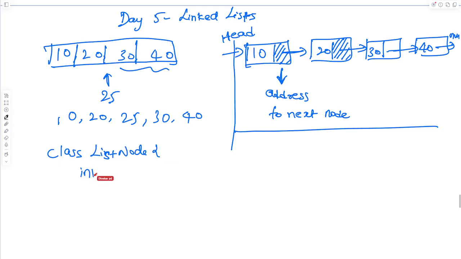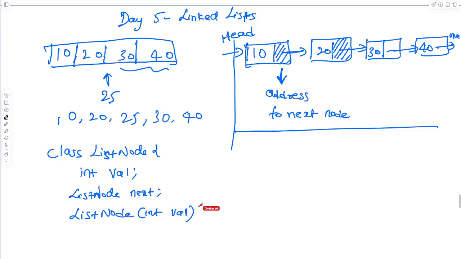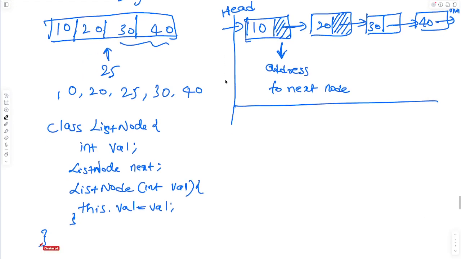We have a value to store values, and we have a next pointer, so that has the address to the next node. So this is how a typical linked list looks like.